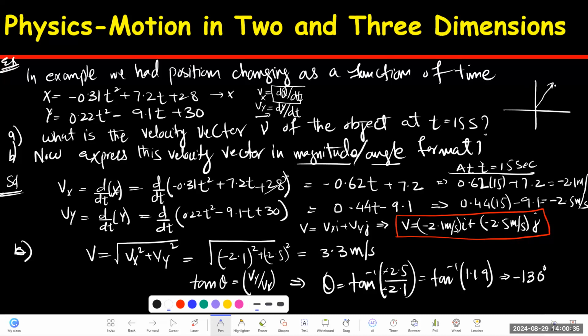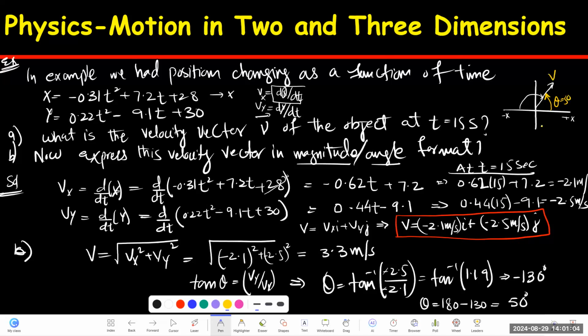This minus sign is saying that we're technically measuring from the negative x-axis, but we're supposed to measure from the positive x-axis. So what are you going to do? You take this minus 130 and say theta equals 180 minus 130, and it becomes 50 degrees. So really, this is 50 degrees now.